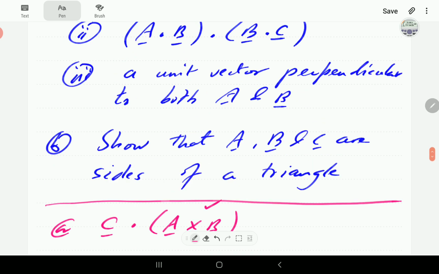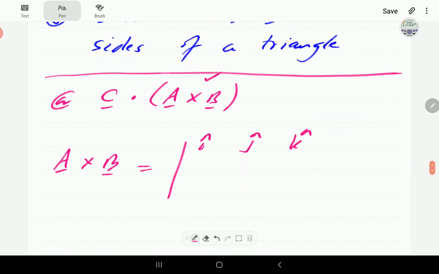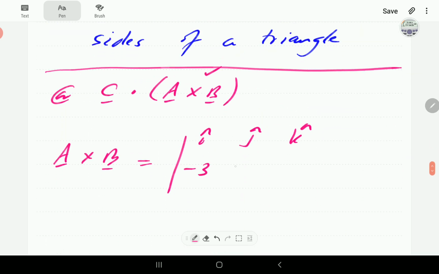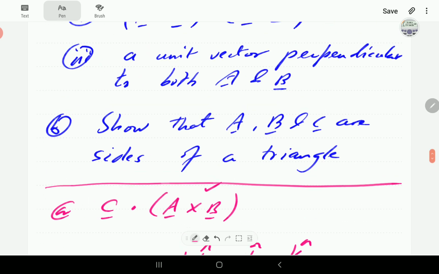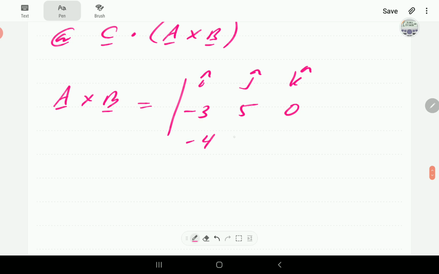Okay, so A is 5j minus 3, so there's no k. So minus 3 here, 5 here, the z component is 0. B, we have minus 4, 3, 1.